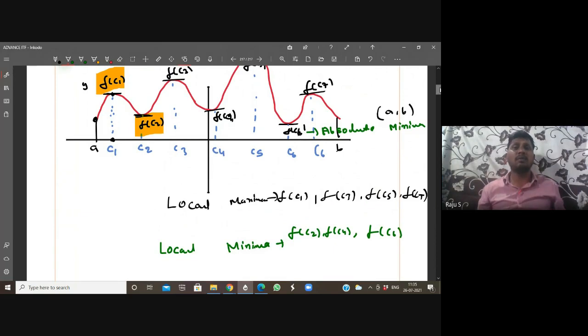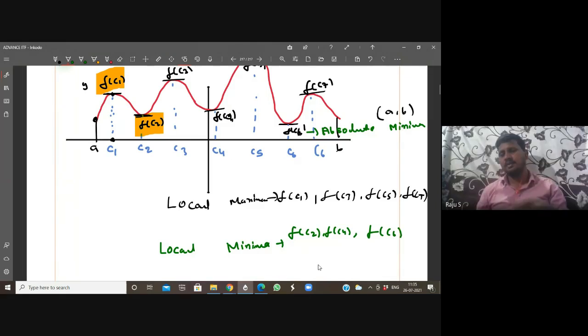No, not like that. Whenever they have the same height, we cannot take them as different values like f of C2 and f of C4. We write only one value. For example, if f of C2 and f of C4 are on the same line, you can write just one value, either f of C2 or f of C4. That's all.